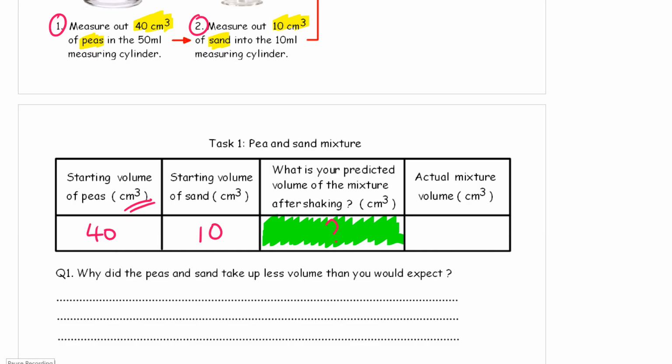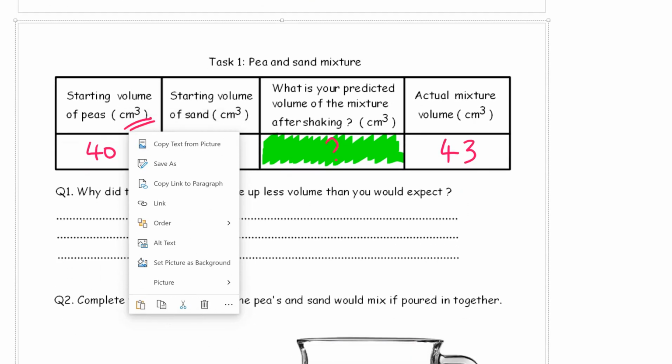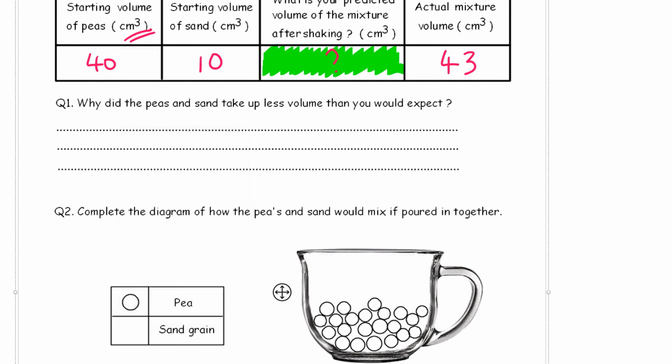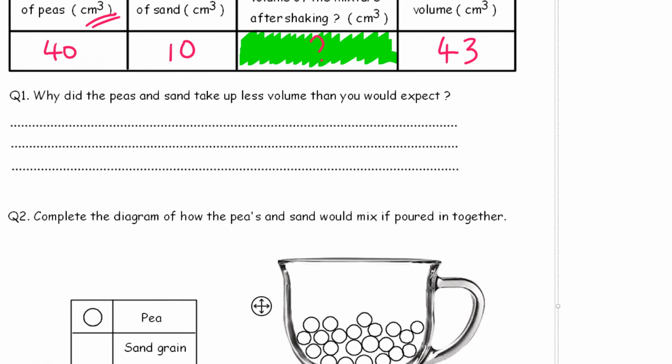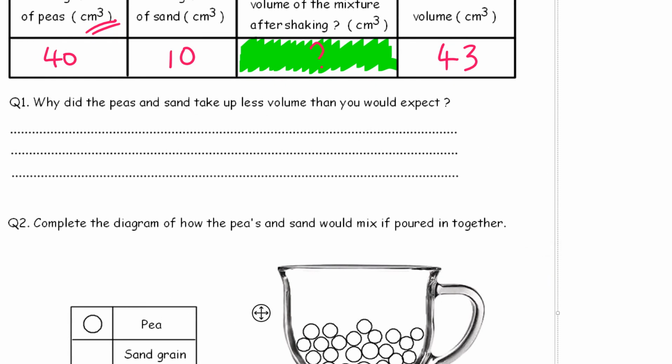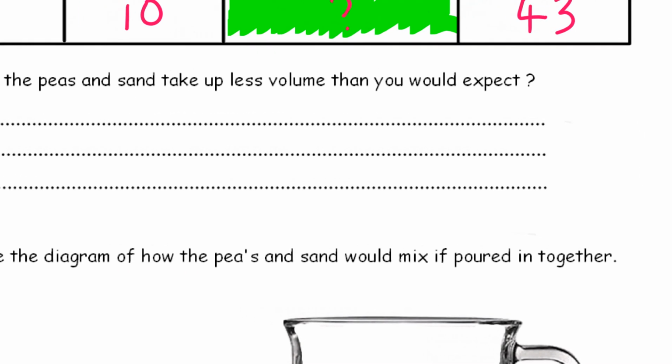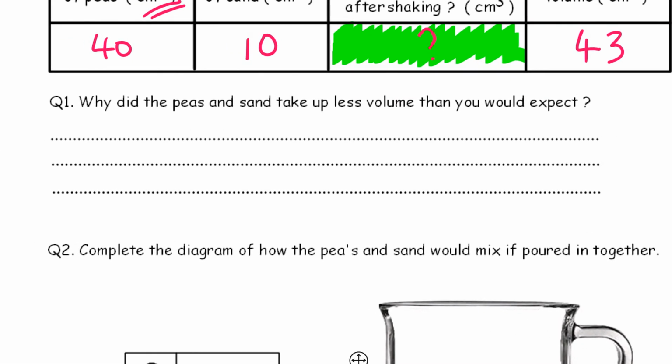This is the result that we got. 43 centimeters cubed. Question 1. Why did the peas and sand take up less volume than you would expect?